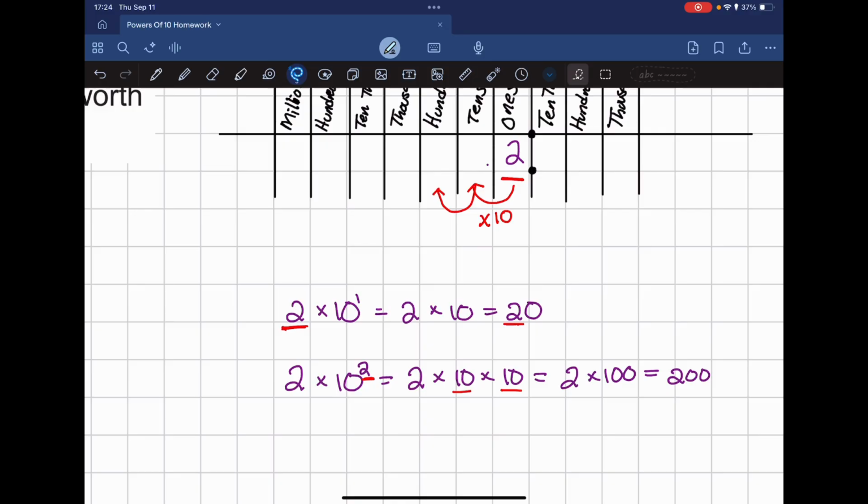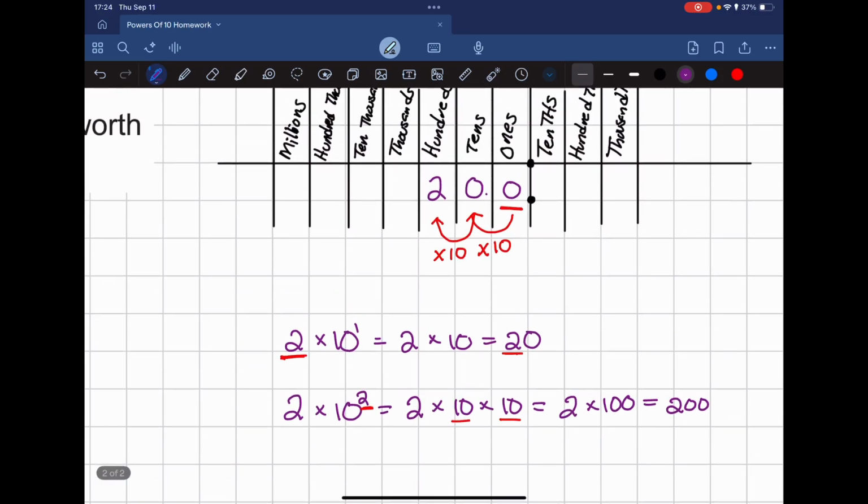So that means I essentially will be multiplying times 10 twice right here. And I will go 1, 2. And we know that our placeholders have to be after this 2 here. So I put a 0 here. I put a 0 here. And that is how I get 200.